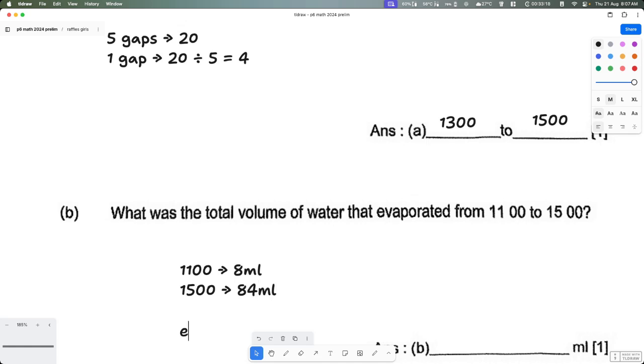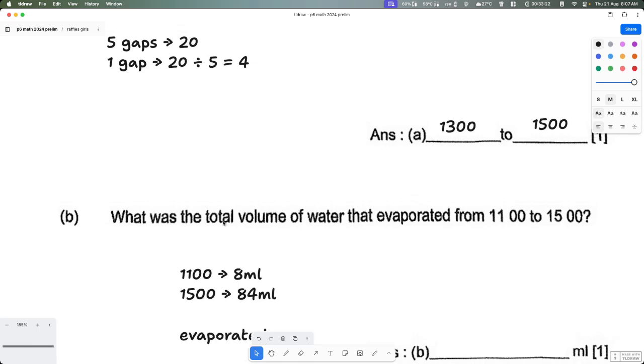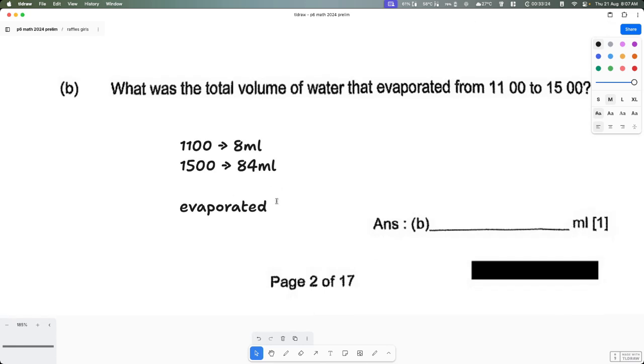So evaporated is equal to 84 minus 8. This will give us 76 ml. Okay, there you go. So that's your answer, 76.